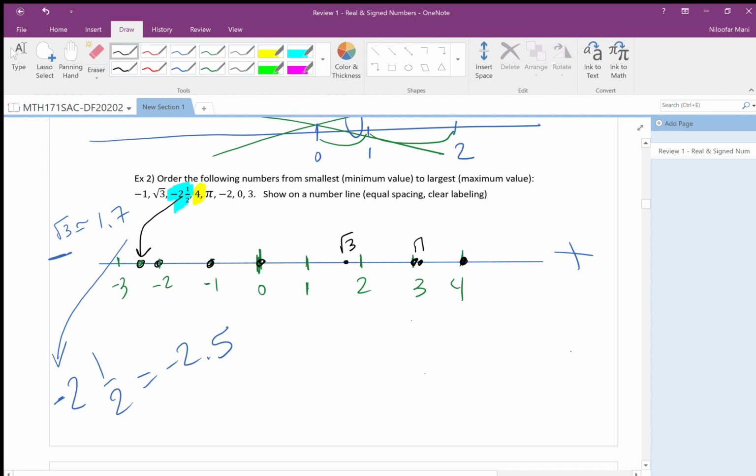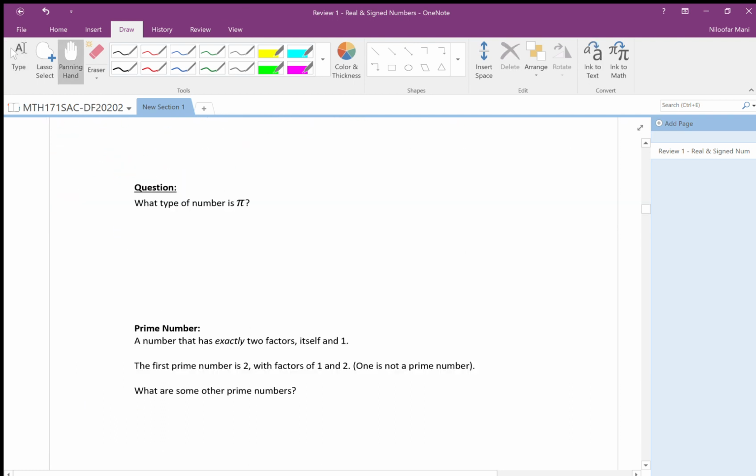Okay, so I show them on the number line. I have equal spacing. I have clear labeling. I have everything beautiful. But these are approximate, okay? But all other numbers are exact for my scale, exact on my number line, okay? So clear labeling and clear everything.